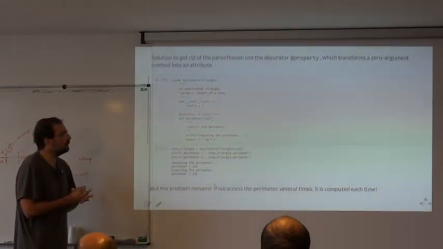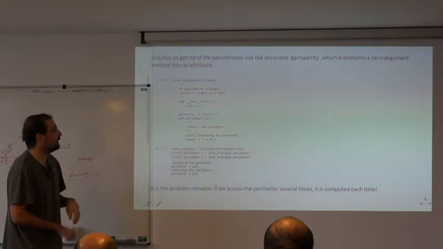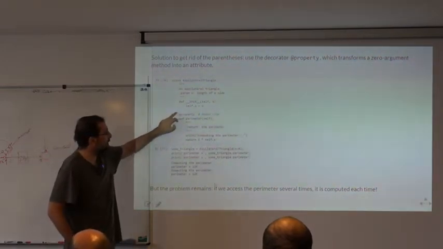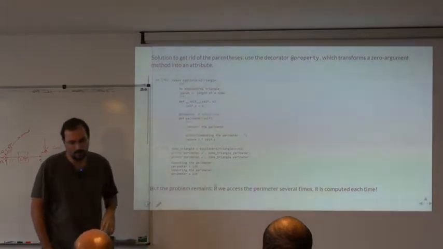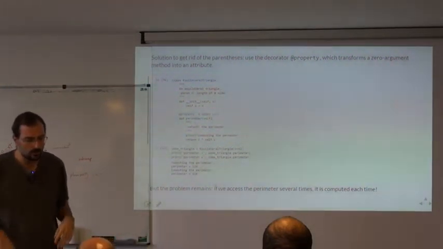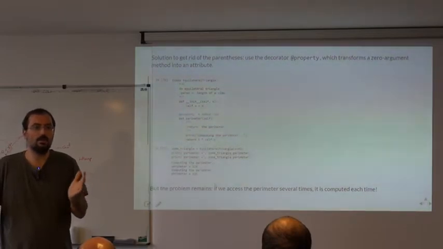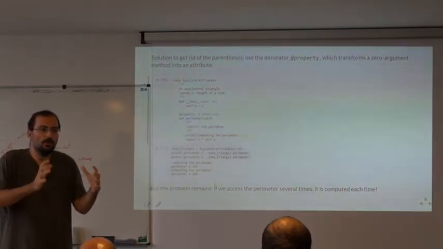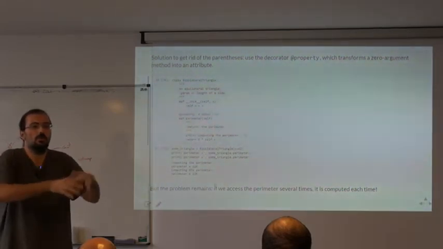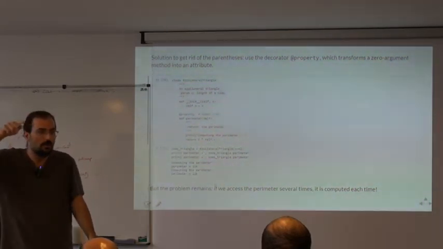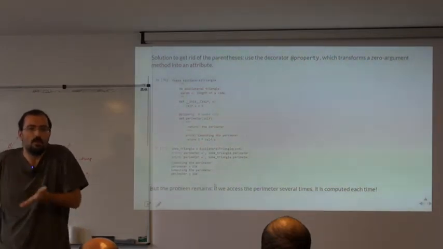The first annoyance is quite easy to avoid. It will be to add this magic decorator here, the at property. The job of this decorator is essentially to transform a function without argument into an attribute. So something that you usually call with parentheses, it will now be without parentheses.